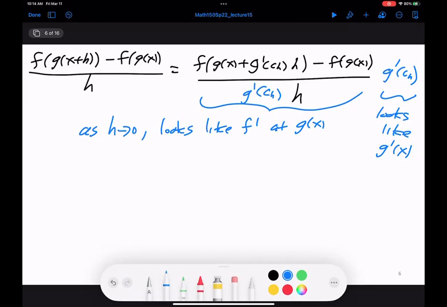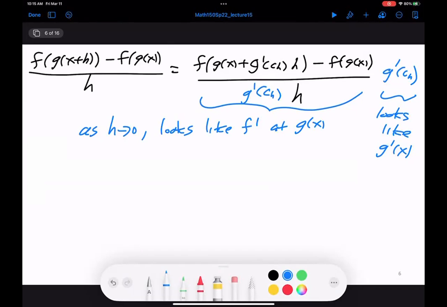So the important thing to note is if a limit exists, does it matter how I approach? So if the limit exists, can I approach any way I want and I get the same answer? Yes. If the limit doesn't exist, does it matter how I approach? Yes. Because f prime is differentiable, any path I take that gets me to g of x has to have the same limit.